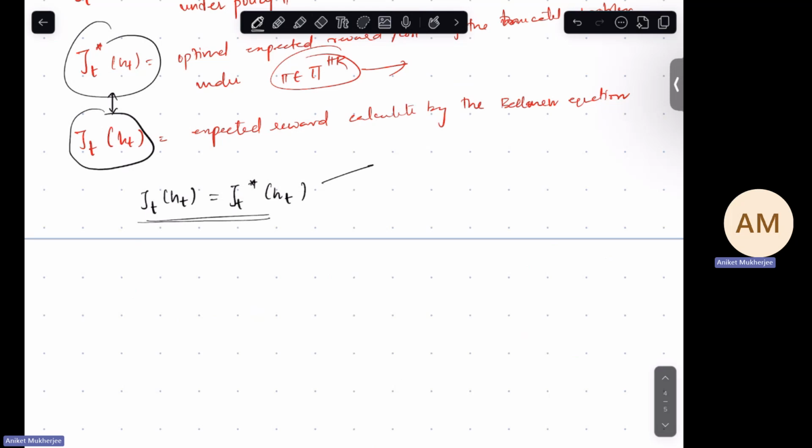This we had shown for the dynamic programming algorithm for the case of Markov deterministic policies.